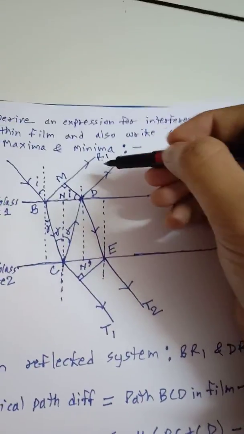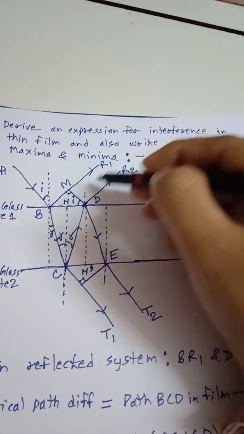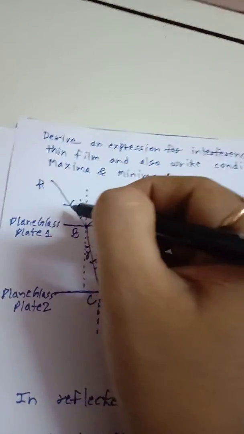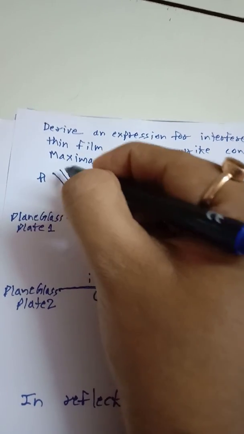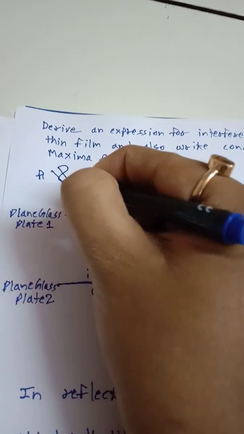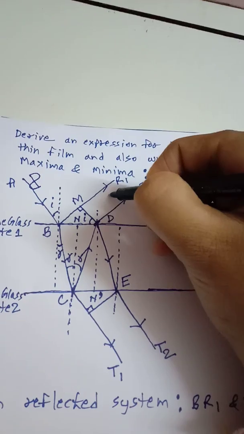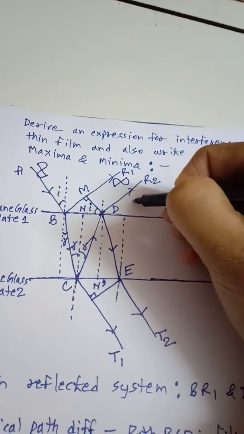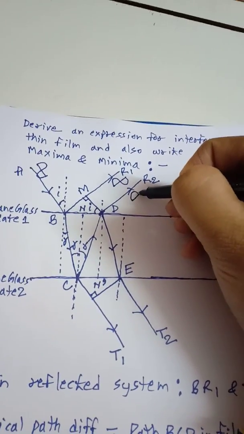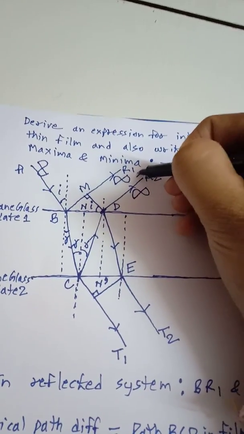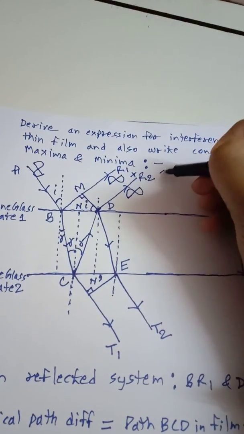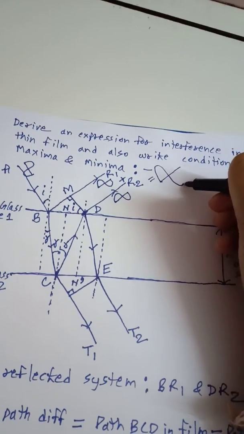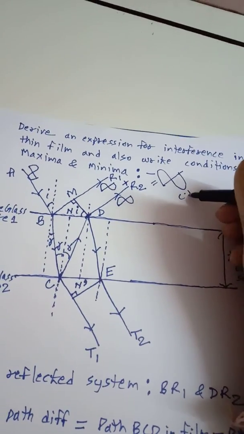Now we'll talk about interference in the reflected system. That is, after reflection, suppose the light is incident here having the crest and the trough. After reflection it may come as crest and trough, first ray, and second also can be crest and trough. So when they superpose each other, the resultant can produce constructive interference, plus A plus A, or it can produce destructive interference.